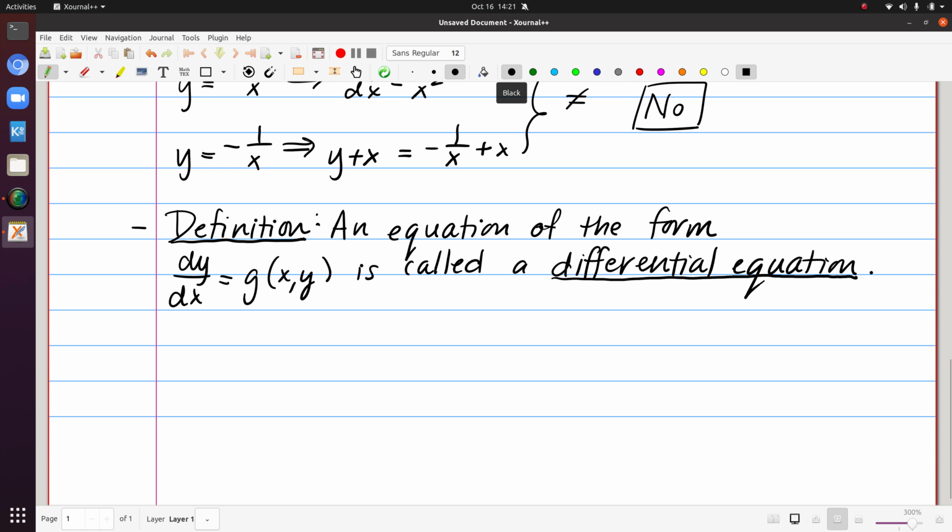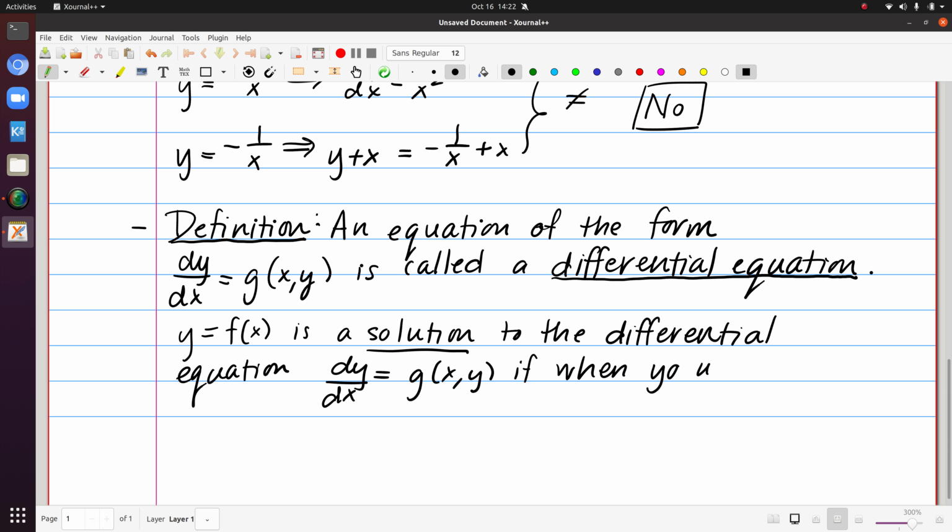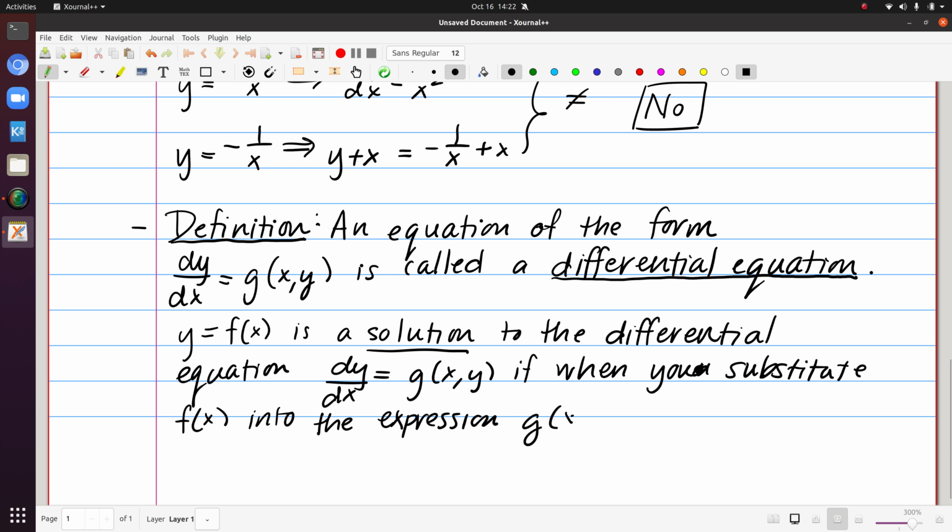But just to round this out, we would say that y equals f of x is a solution to the differential equation dy dx equals g of x comma y if when you substitute f of x into the expression g of x comma y for y, so we substitute f of x in place of y, then the result is dy dx.